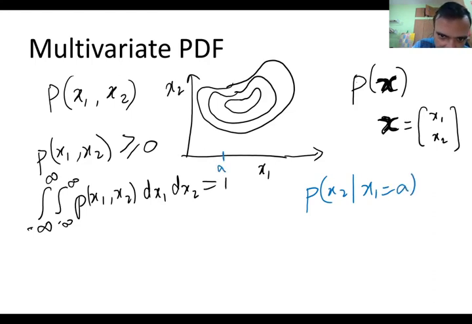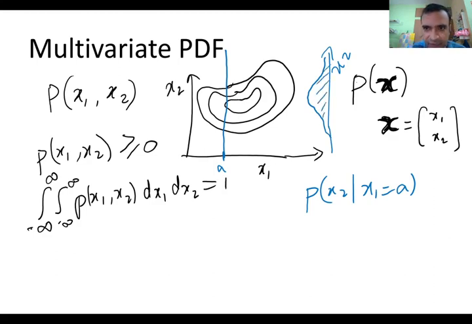At that point I will draw a slice, because x1 can only take that value, and then I will project this slice onto the x2 axis. It will look perhaps something like this. The area under this projection need not be 1, so I will normalize it so that it becomes 1.